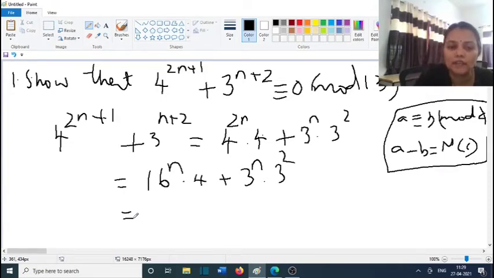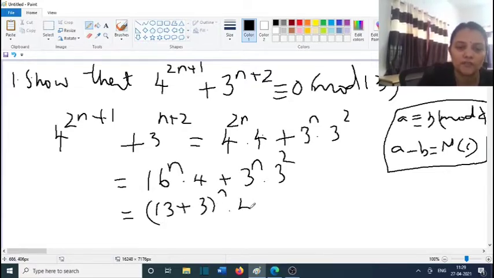So we can write 16 raised to n as 13 plus 3 all raised to n, into 4 plus 3 raised to n into 3 square.